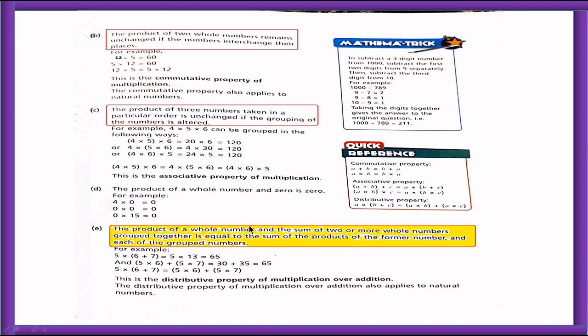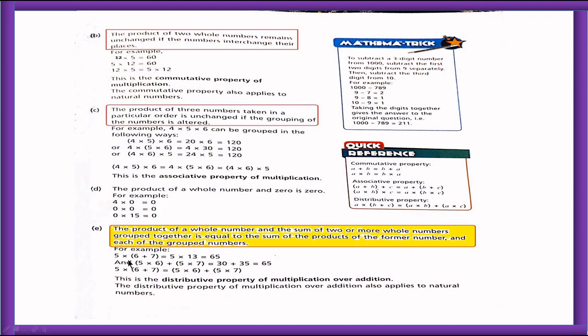E: The product of a whole number and the sum of two or more whole numbers grouped together is equal to the sum of the products of the former number and each of the grouped numbers. For example, 5 multiplied by (6 plus 7) is equal to 5 multiplied by 13, which is equal to 65.